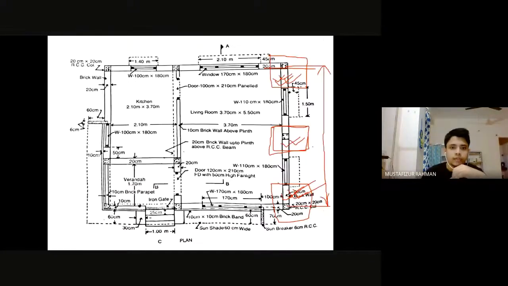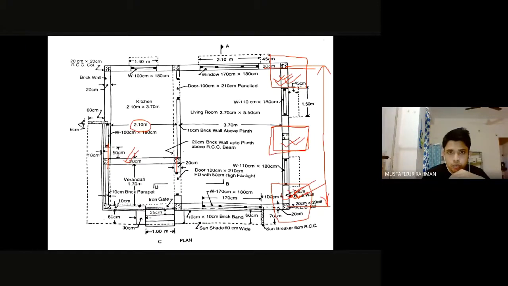Okay, kitchen and veranda. We are talking about this wall. So this wall is 2.10 meter, 2.10 meter here, and half of, because on this side this is a half wall. See, this dotted portion is not wall.